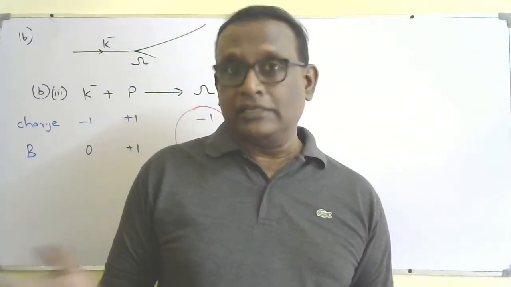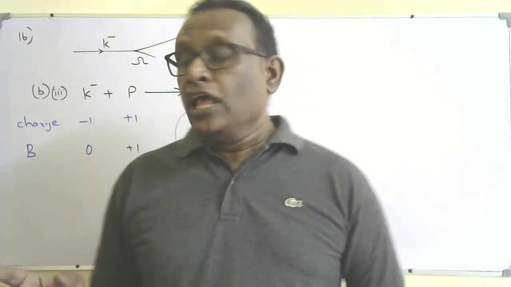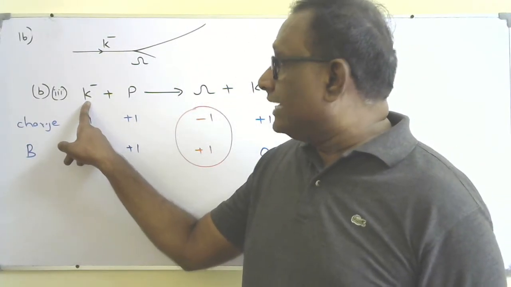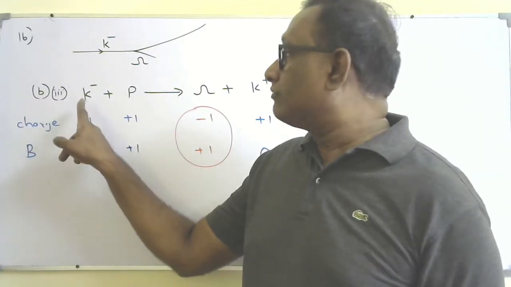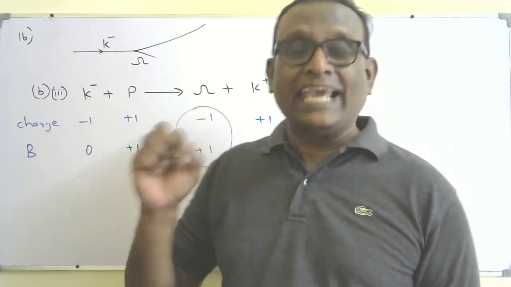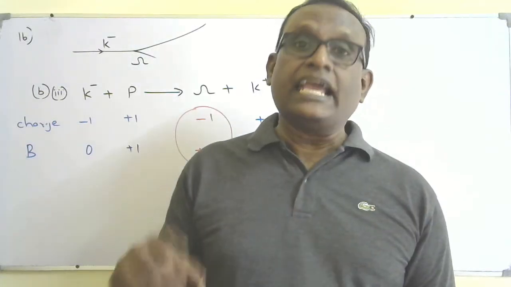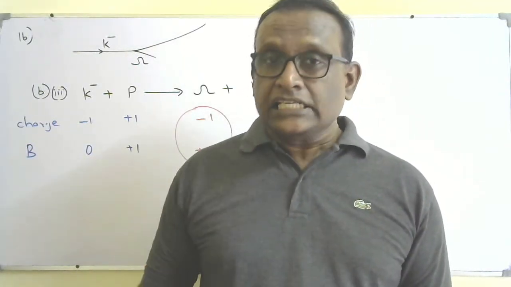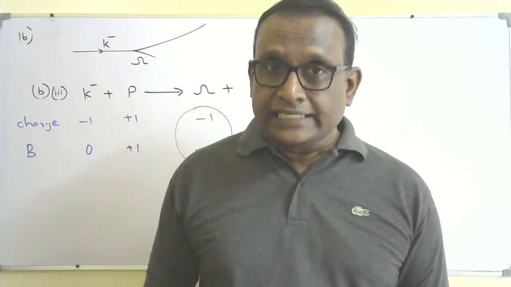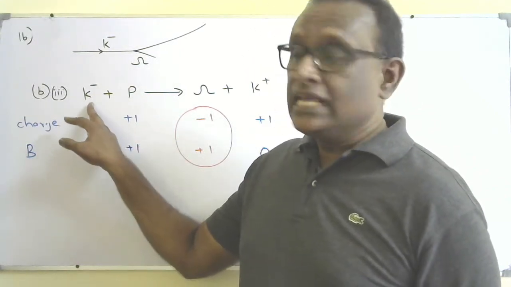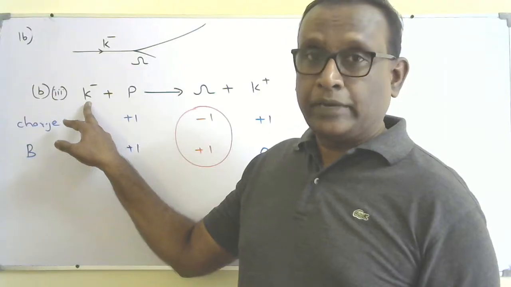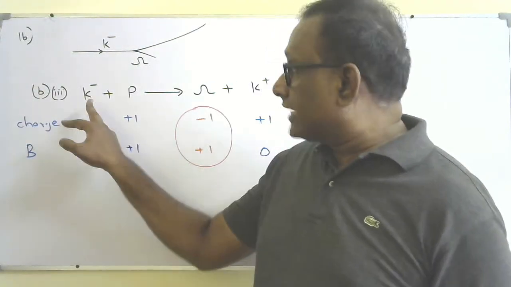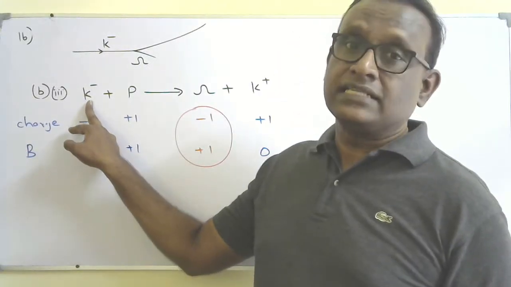So what we do normally in numerical calculations, we find the equivalent energy of this mass. If the mass of K minus is m, the equivalent energy is mc squared. By using that, we can find the initial total mass energy of K minus, that is the kinetic energy of K minus plus the equivalent energy of the rest mass of K minus.